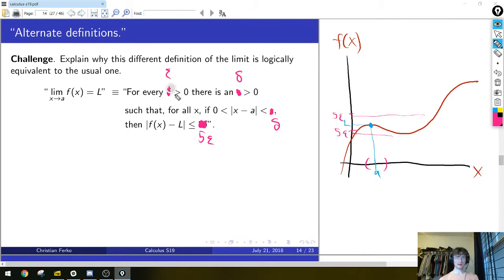I think the reason it doesn't matter is because of the for every. For every epsilon greater than 0, this is true.